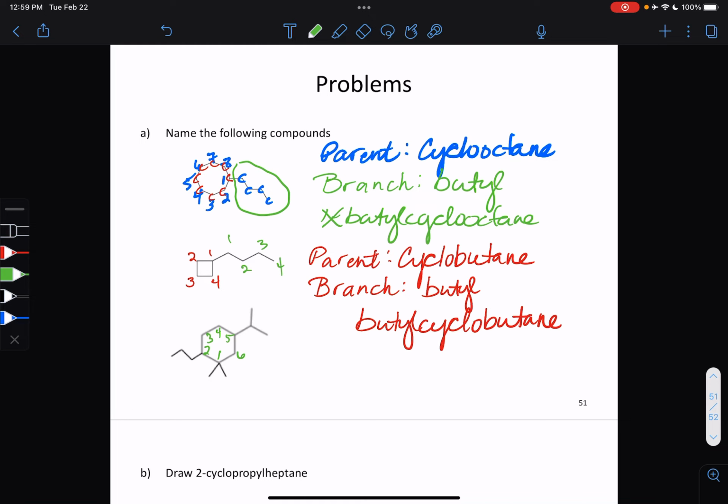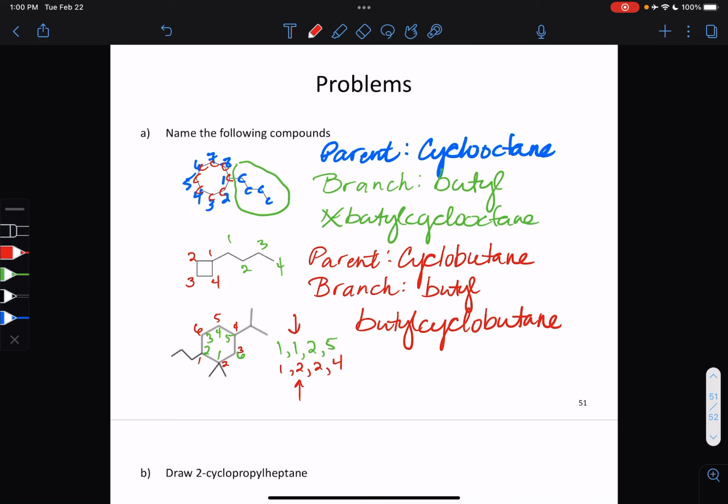That way we would have 1, 1, 2, 5. If you numbered a different way, say you wanted to do this, that would give you 1, 2, 2, 4. And you can see when we compare at our first point of difference, the 1 is going to win out because it's lower than 2.